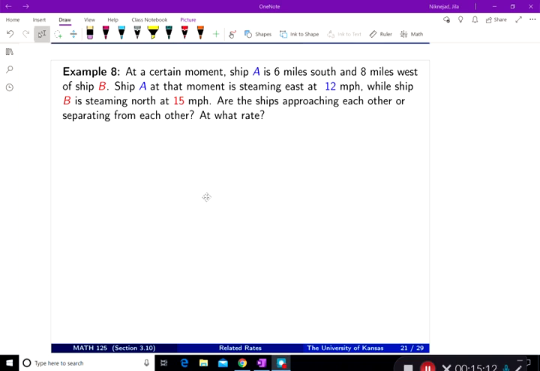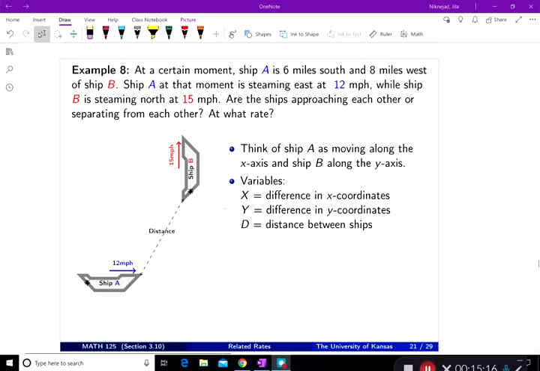And so let's draw a picture for ourselves. So ship A is 8 miles west of ship B, and this is 8 miles.